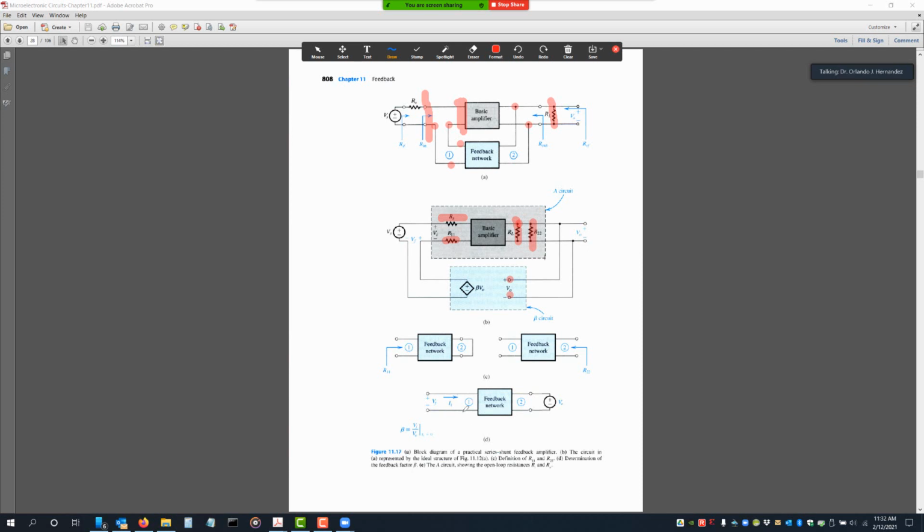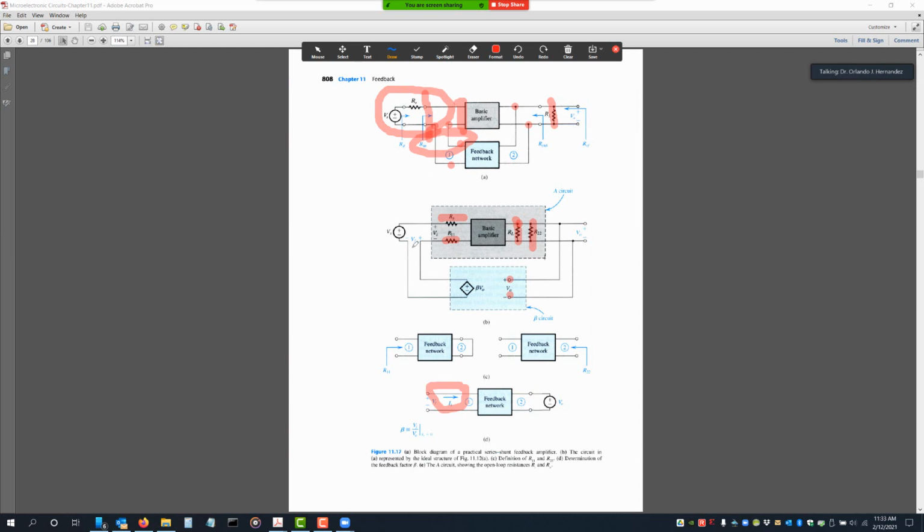And what that says is that your feedback network does not load your input. So the fact that this current, we're making this current I10, says that this over here does not load, or the mixing does not load your input to the system.